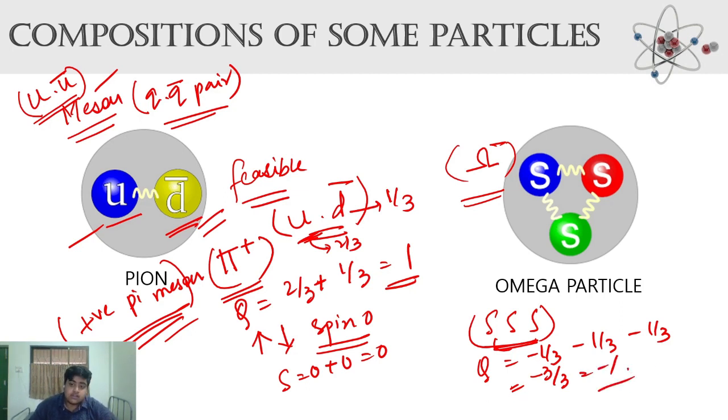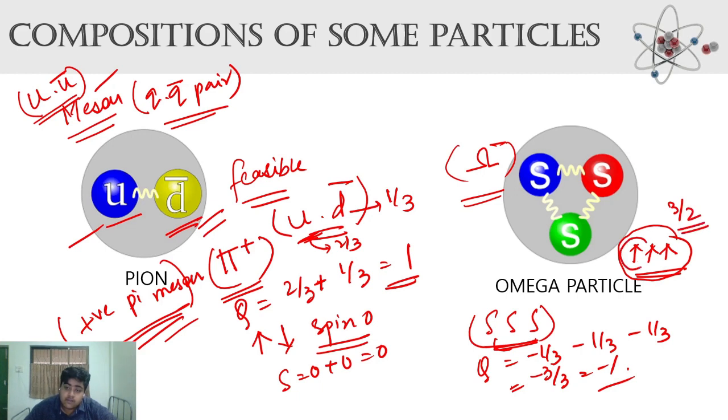And the spin is again: all three particles are the same, so spin in the same direction. Since all three are strange quarks, same direction spin. So the total spin is 3 by 2.